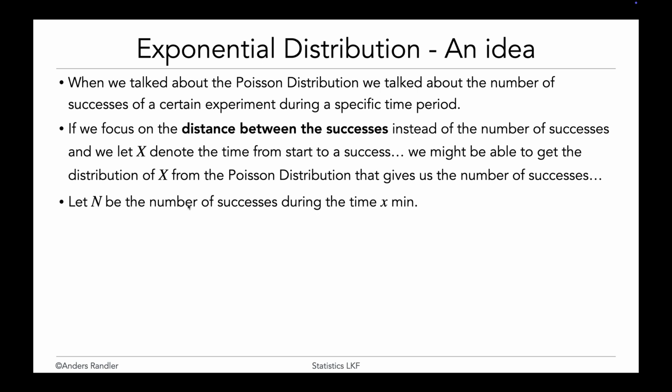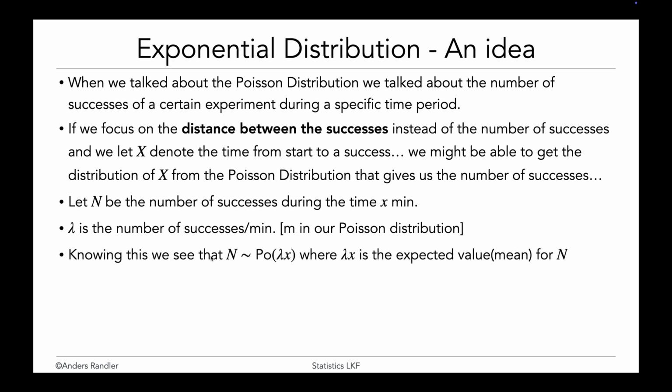So let n be the number of successes during the time x minutes. Lambda is the number of successes per minute, m in the main formula, or lambda in the other one. So lambda or m, it doesn't matter. It's the rate of success. That's the important thing.